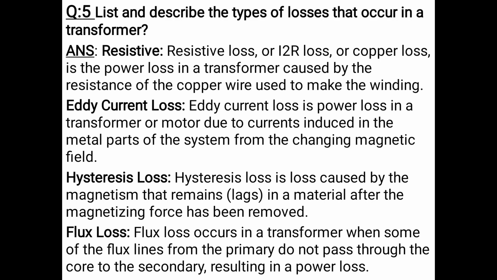Eddy current losses occur in a transformer or motor due to the current induced in the metal parts of the system from the changing magnetic flux. Hysteresis losses are the losses caused by the magnetism that remains or lags in a material after the magnetizing force has been removed.